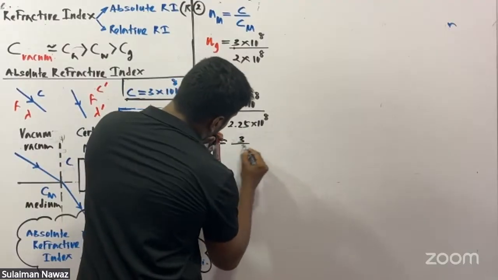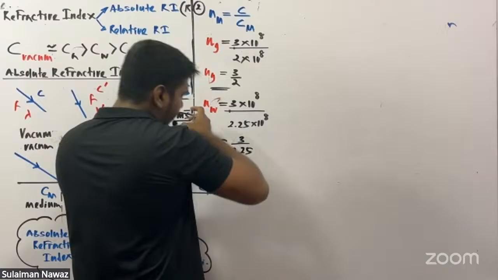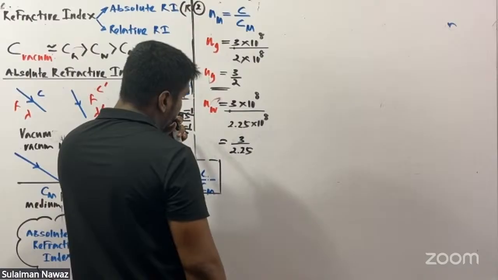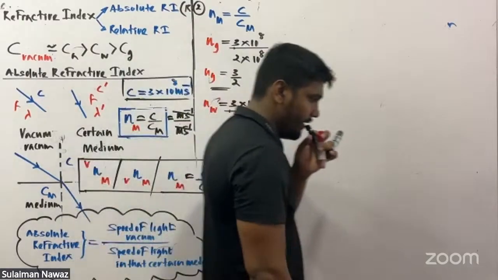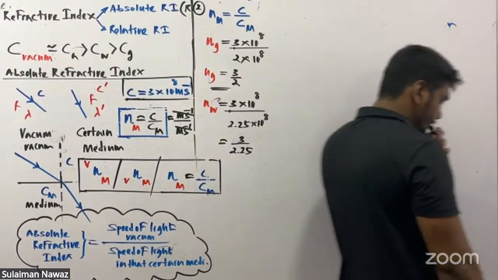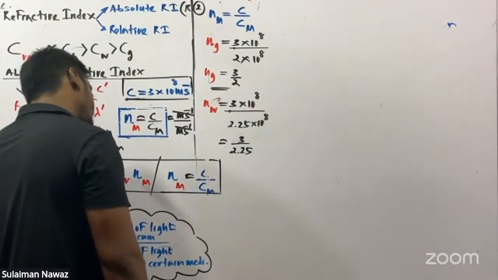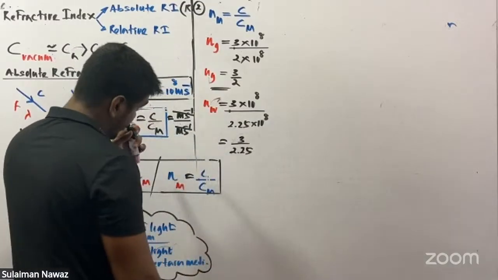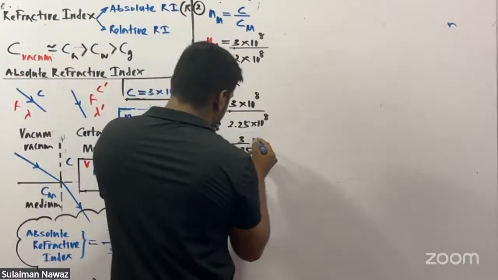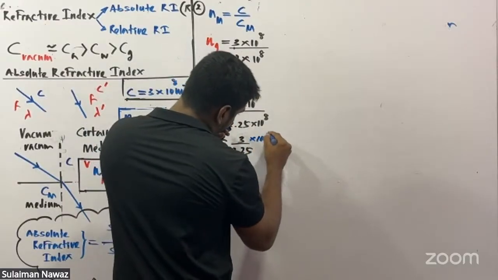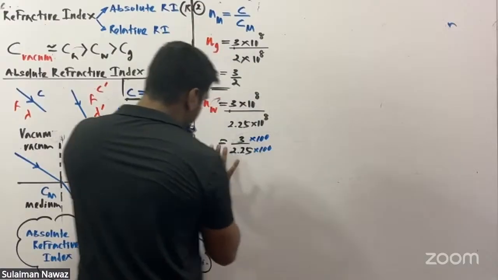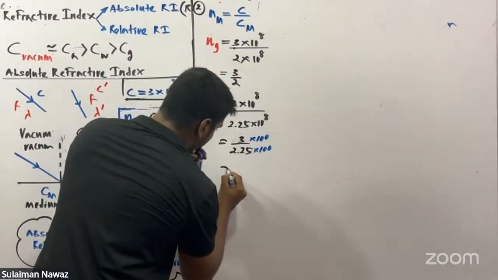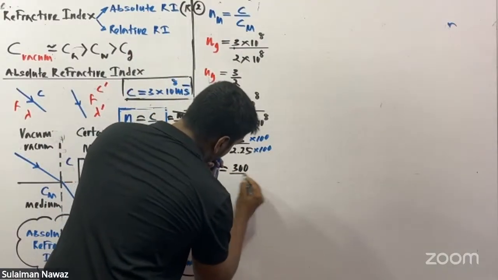If you multiply numerator and denominator by 100, you are getting 300 over 225.